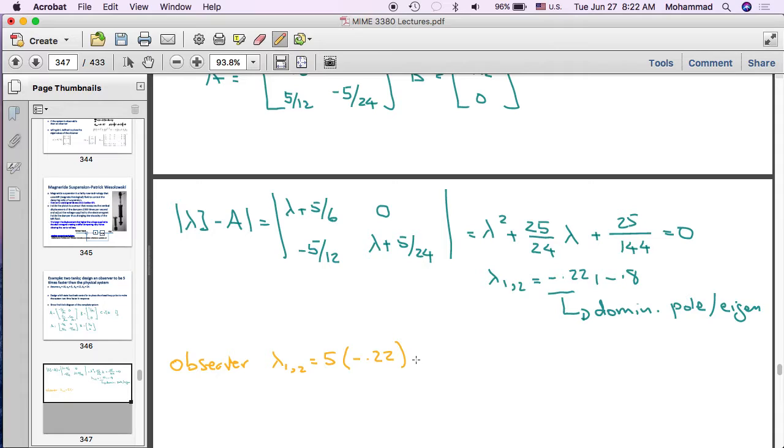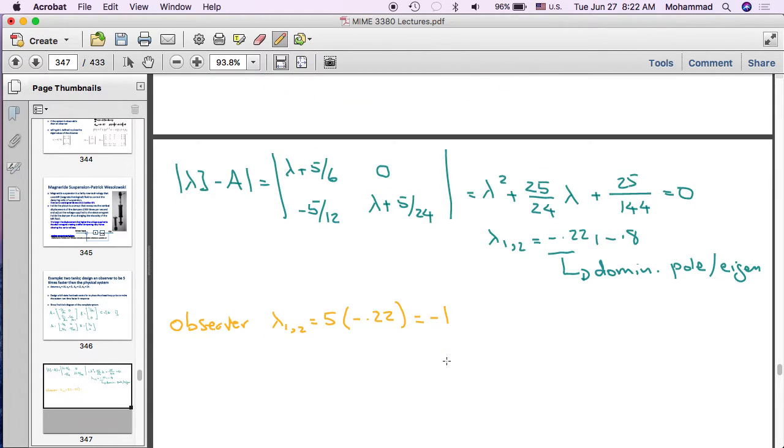Just to make it round, we'll just put it at negative 1. So we want to put the two eigenvalues of the observer at negative 1, so the observer is 5 times faster than the physical system.